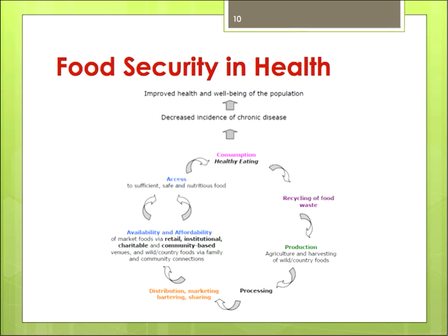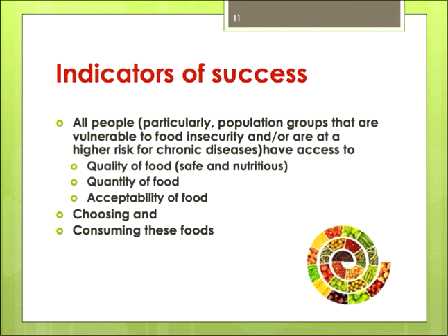This is also really important, because it doesn't matter what we do in community food actions. It could be focusing on production or harvesting of wild and country foods. We have to be able to demonstrate within the health context that it is actually contributing to healthy eating.